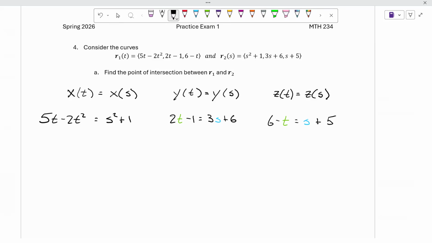In particular, I'm going to get 1 minus t is equal to s. And then I'll substitute that into the other equation. This will become 2t minus 1 equals 3, and 1 minus t plus 6.